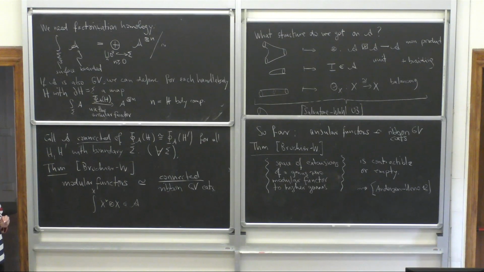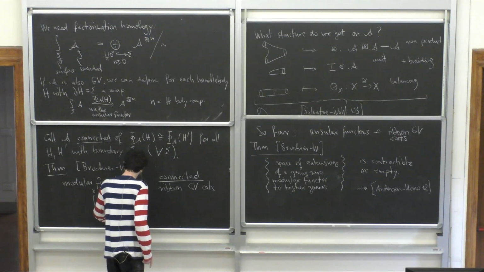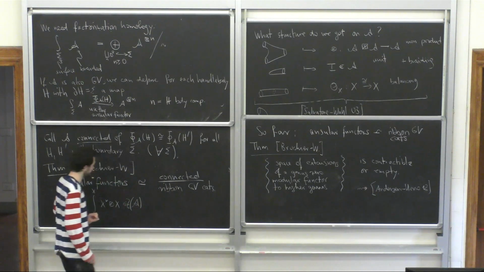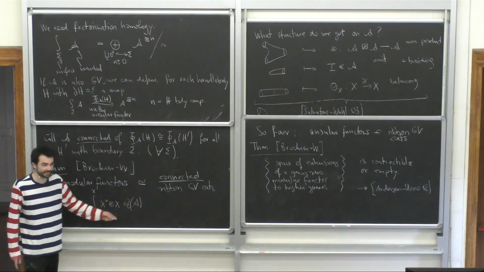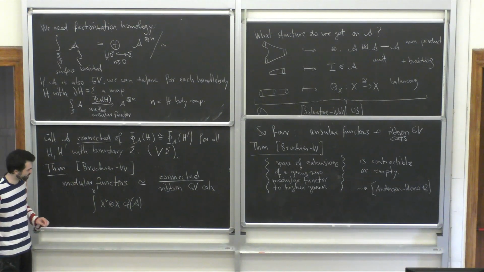So it has a center, and that is exactly the point. It's actually better to regard this as an object in the center, and then it's a braided commutative algebra in the center, maybe even more things.